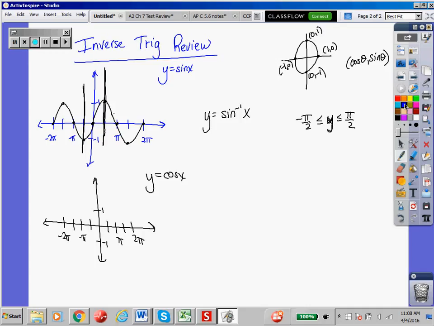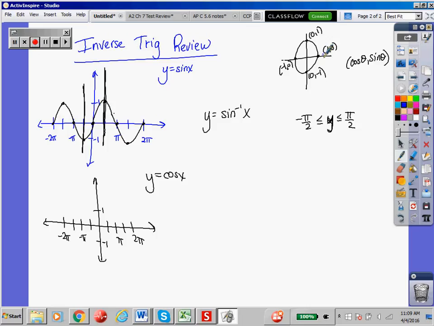Think about the unit circle. We're going to use it again here. If I want the cosine of 0, do you understand that that's 1? The cosine of π/2 is 0. The cosine of pi is -1. The cosine of 3π/2 is 0. And the cosine of 2pi is 1. That's where the numbers are coming from.